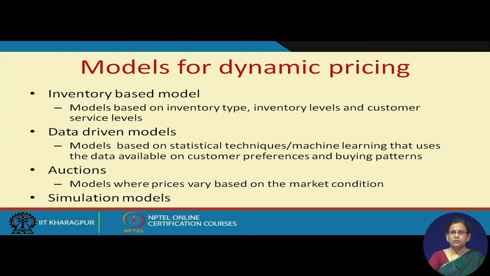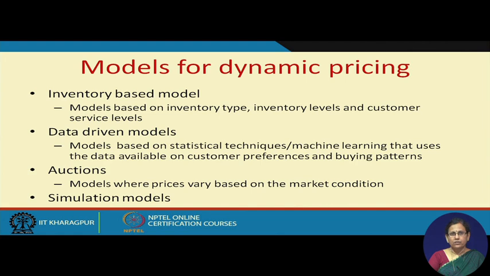So, those yield management models you can say are inventory kind of models. There can be some data driven models, where the customers' preferences and buying patterns can be used, the demand can be sensed, so that the market can be segmented and prices can be offered according to various settings.